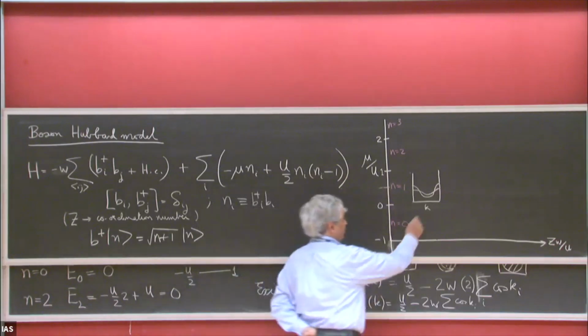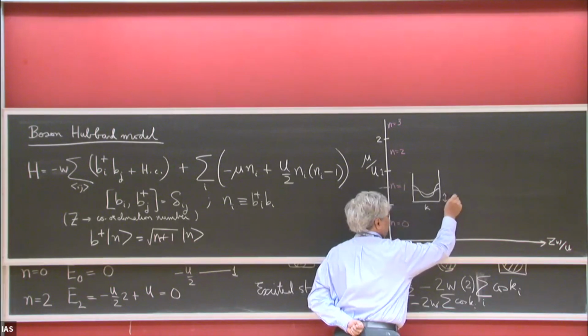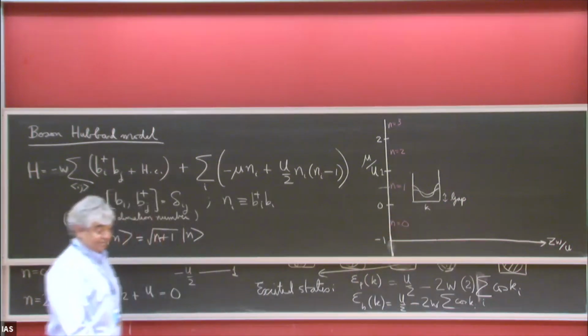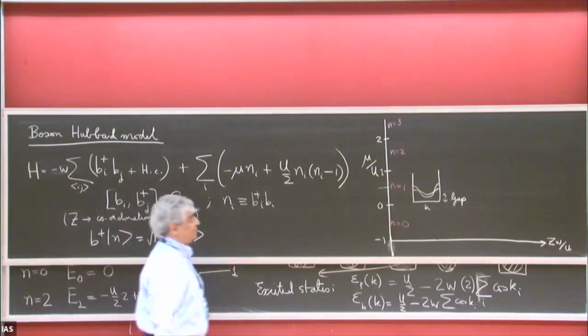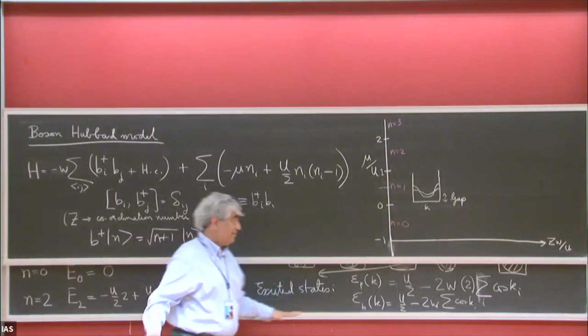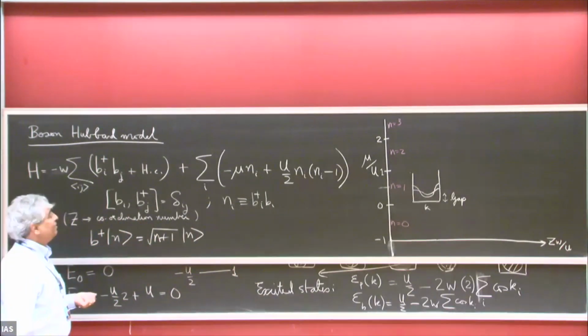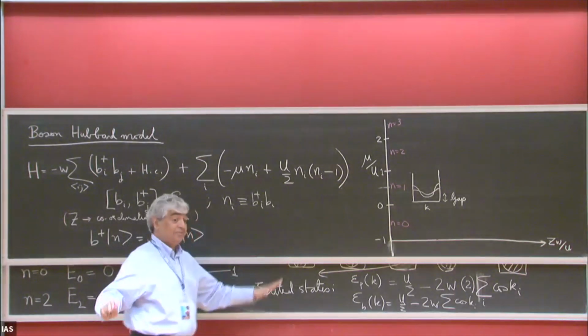And we're assuming W is very small, so you have a feature which is called the gap, the energy gap. So this system is very, very different from the superfluid system we talked about last time. It has a unique ground state, one particle per site, at least at W equals 0. And if you do perturbation theory in W, you'll find it still remains unique.